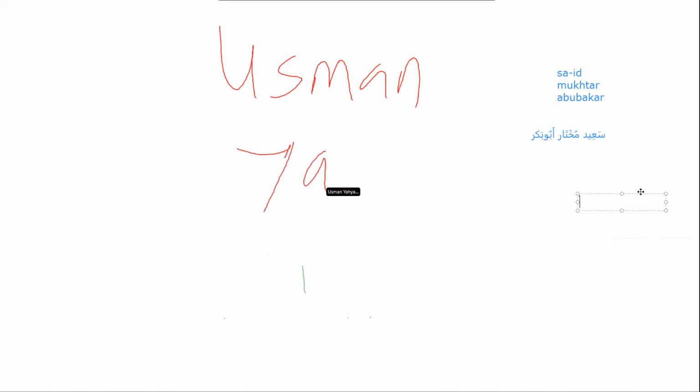Okay, Kulthum, if you are using a laptop, just... very good. Okay, Usman Yahya is up. Okay, Usman, very good. So for those who are using the laptops, just click on the view option, you will see. Okay, very good.